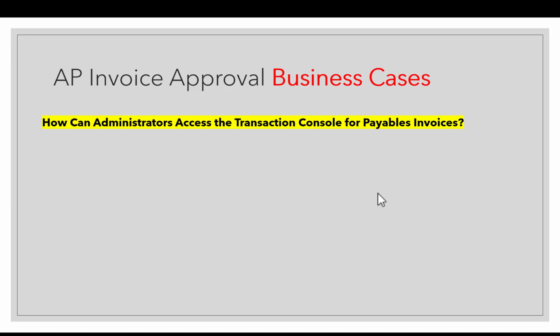So how do you track, as a business user or as an Oracle consultant, the AP invoice, also GL journals, also PO procurement like purchase orders, purchase requisitions, also GL journals, through the transaction console? But before that, you have to enable a specific option.